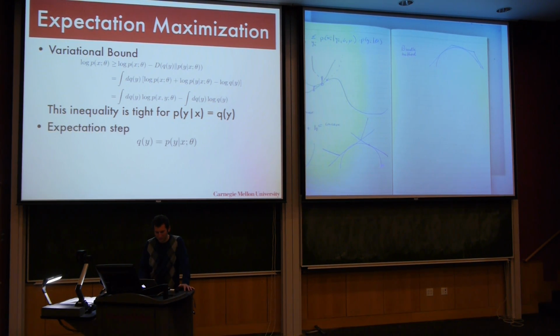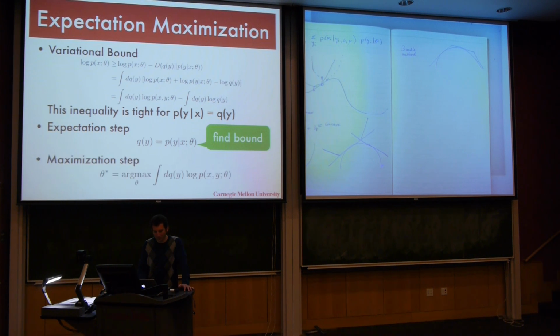Now, this is all we have. So the E step is finding Q of y equals P of y given x and theta. This finds a new bound. And then the maximization step is maximizing the expected log likelihood of P of x and y given theta.